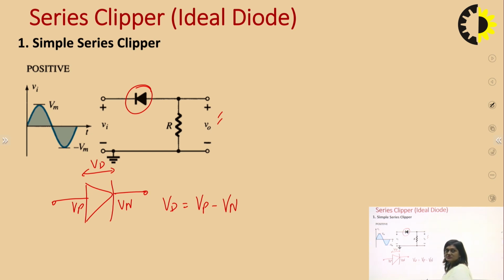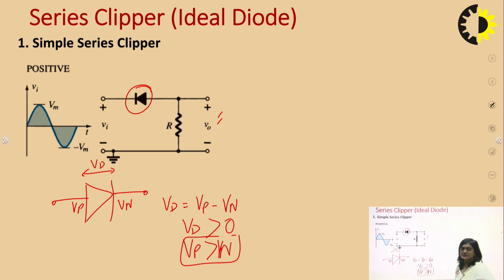In the case of an ideal diode, the knee voltage is 0. So VD must be greater than 0 for the diode to be in the conducting state, that is, VP is greater than VN. This is the condition for the diode to conduct: the potential at the P plate must be greater than the potential at the N plate.